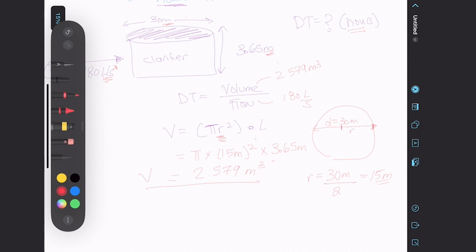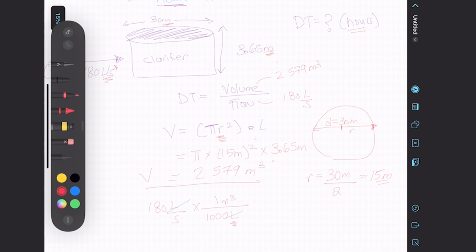So if we have 180 liters per second, we know that there are 1,000 liters in 1 meter cube. This is something that you should just memorize. I'm going to put my liters at the bottom so that we can cancel it out. And now we're going to end up with an answer in meter cubes per second.